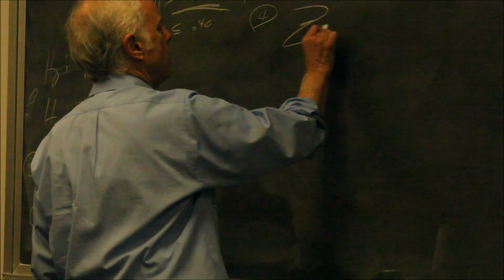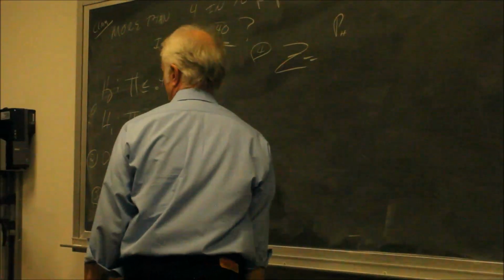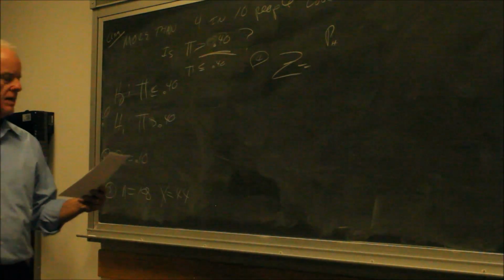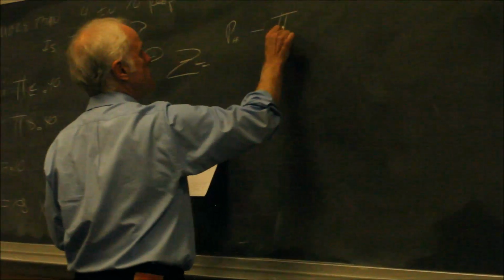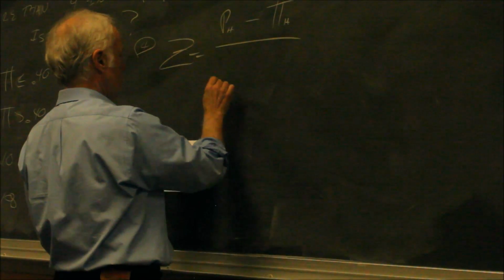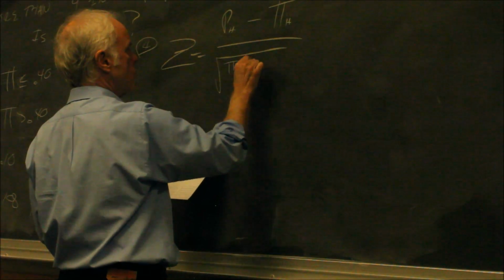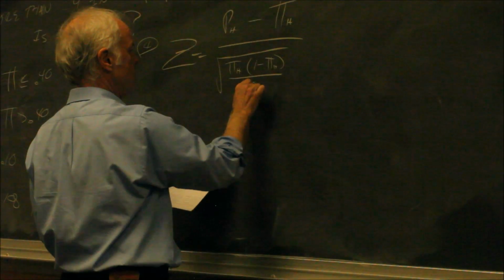I don't even remember what it is, that's why I give the handouts. It's P sub S minus the hypothesized pi, over the square root of the hypothesized pi times 1 minus the hypothesized pi, over n.